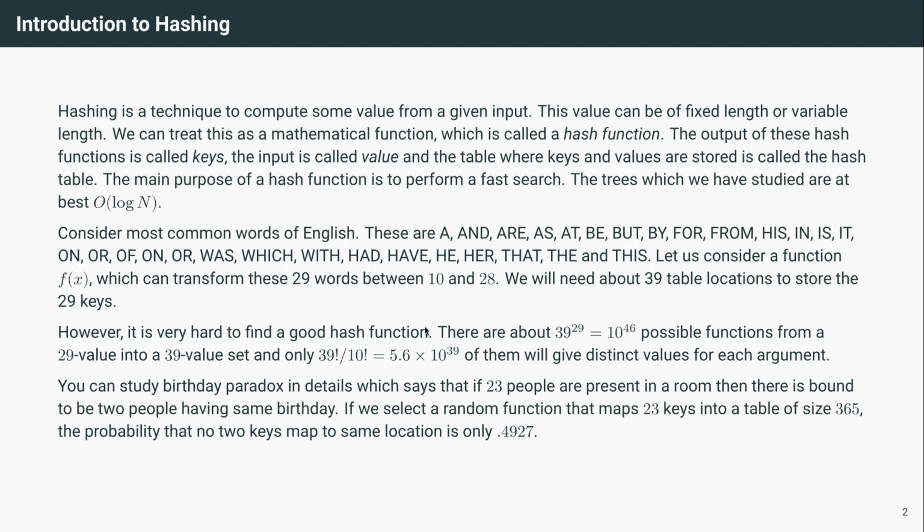Now it's very hard because 39 to the power 29, that is 10 to the power 46, possible functions are there, and of those only 39 factorial by 10 factorial, that is about 10 to the power 39, will give a distinct value for each argument. The rest will give you duplicate values.